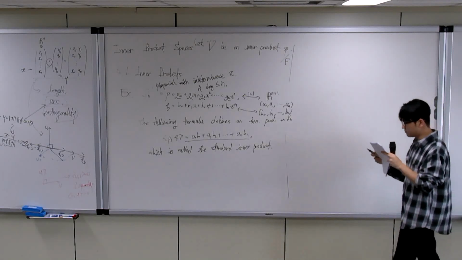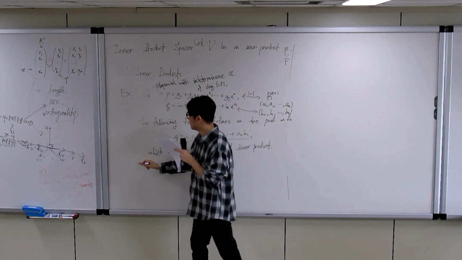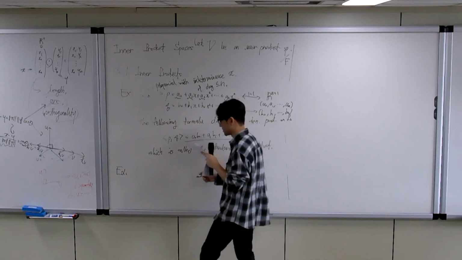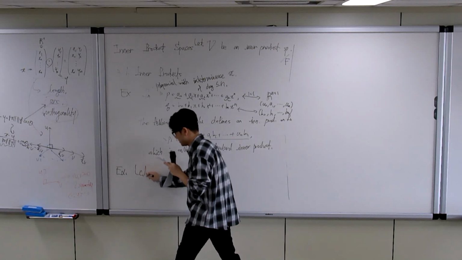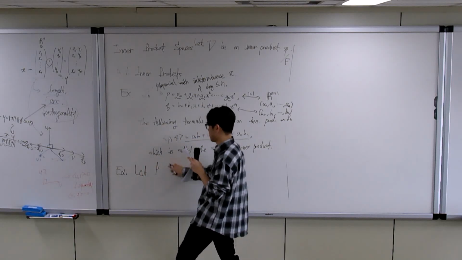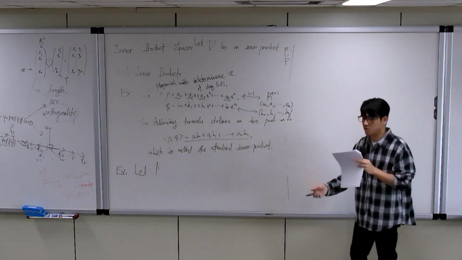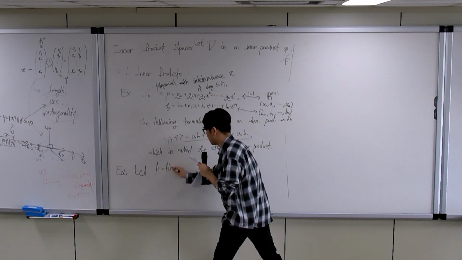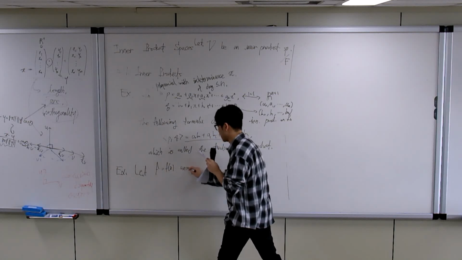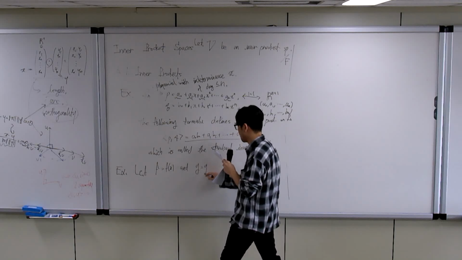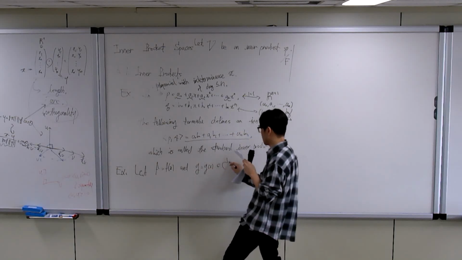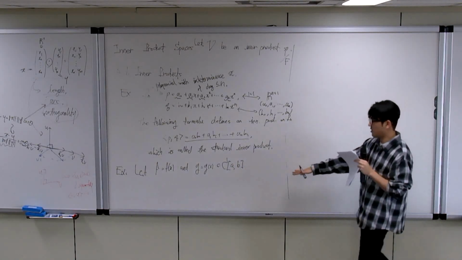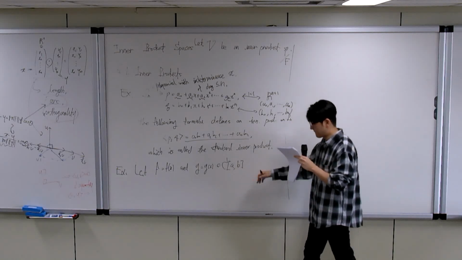And also we can define the standard inner product in the continuous function vector space, that f(x) and g(x) in continuous functions defined on the closed interval a to b.